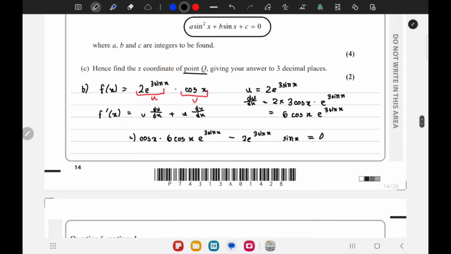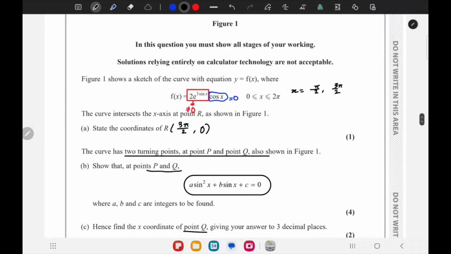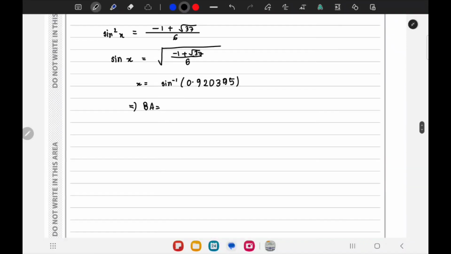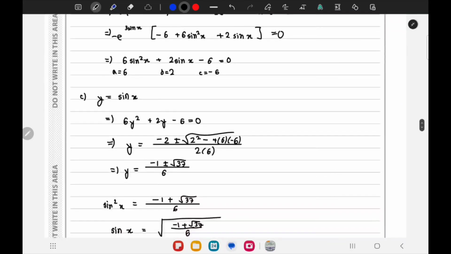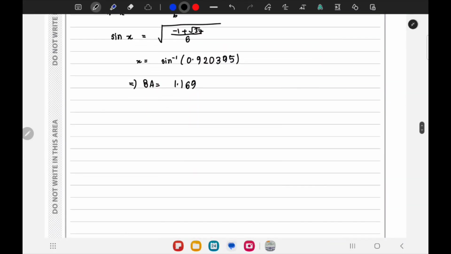Is it in degrees or radians? It's in radians. So the basic acute angle will be 1.169 radians. We have to give it to 3 decimal places, so we take one more than what we have to answer in, so 4 decimal places.